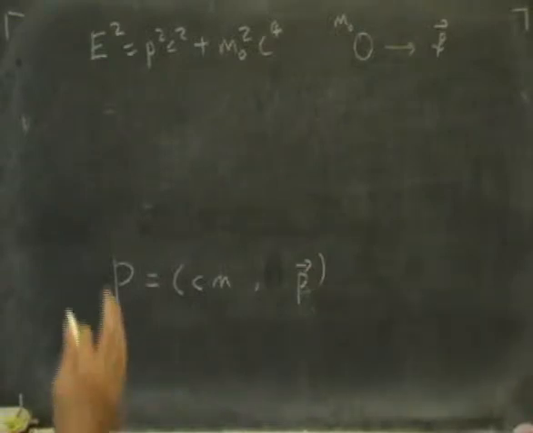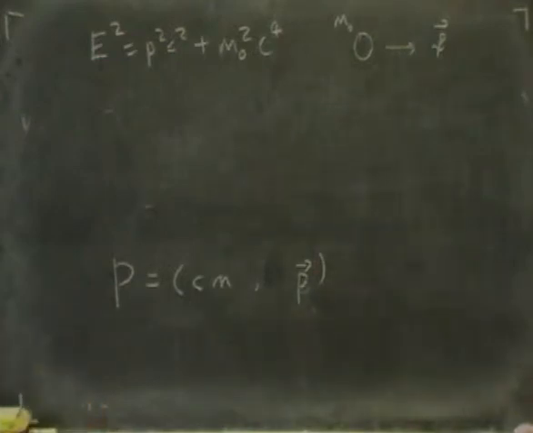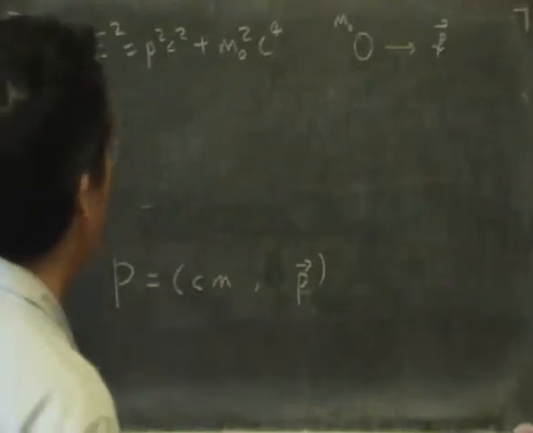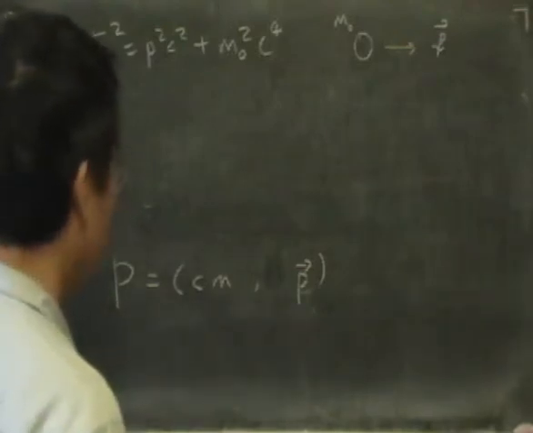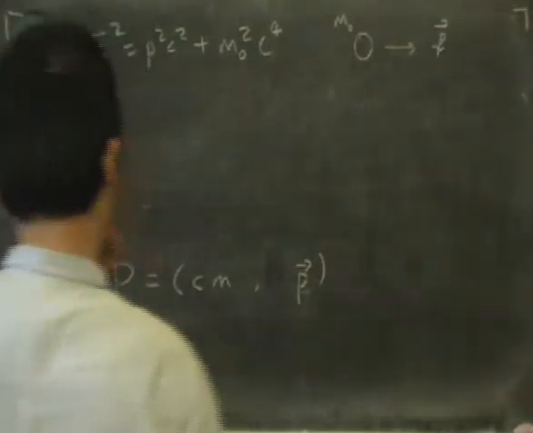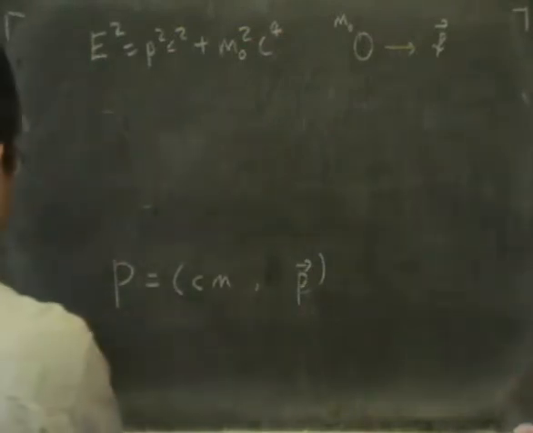The way to do it is to think of the flow vector. Now, the flow vector in the rest frame, let's start with the rest frame, that's the easy one.